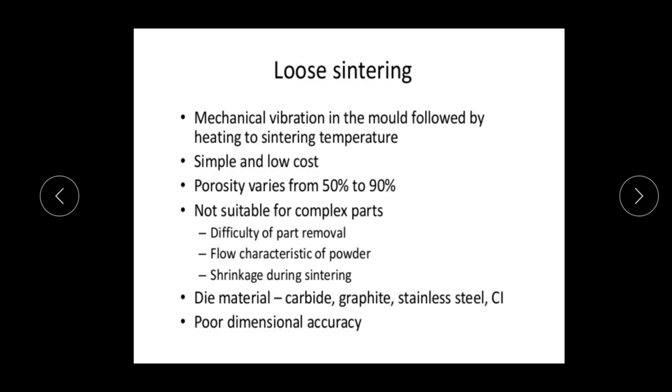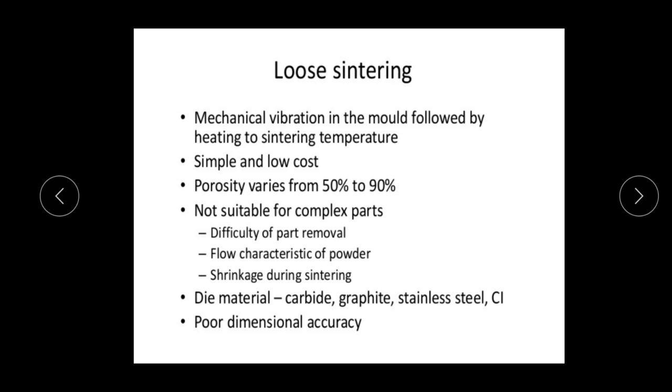Let us discuss loose sintering. What exactly is loose sintering, how does it work, and what is the mechanism of loose sintering. Mechanical vibration in the mold is followed by heating to the sintering temperature. This process is simple and low cost. Porosity varies from 50% to 90%.